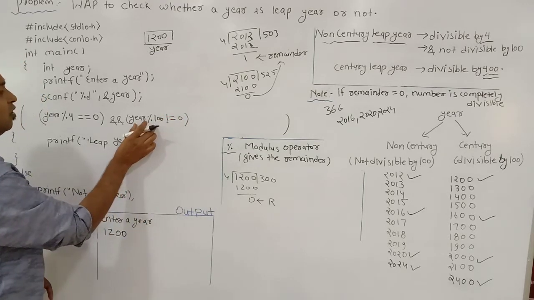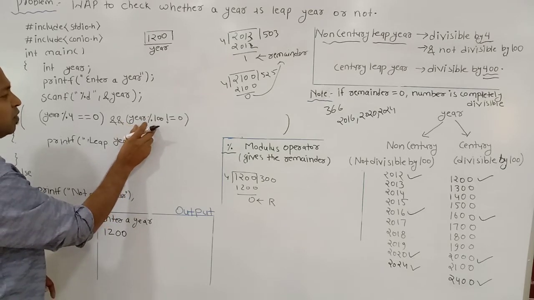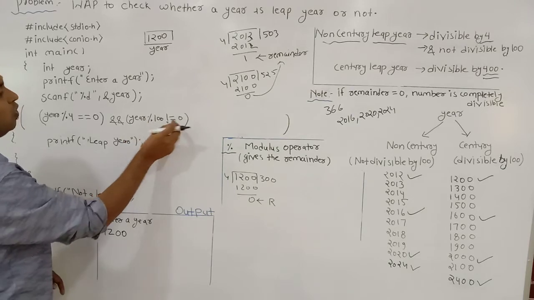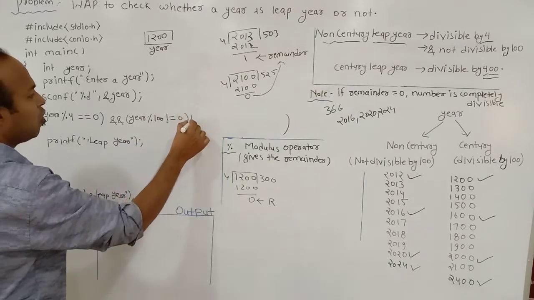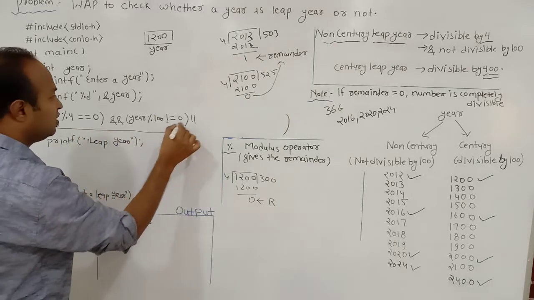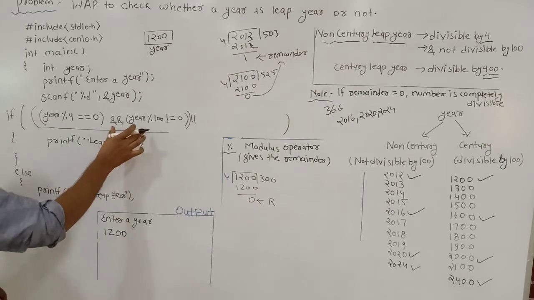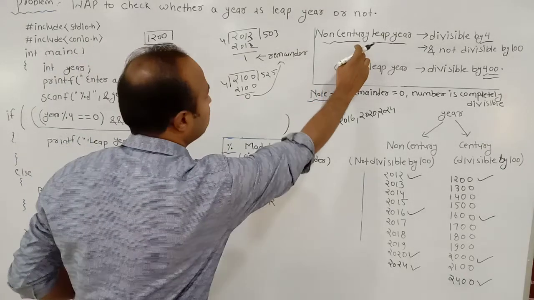What does this statement mean? We divide the year by 100 and it gives the remainder, and the remainder should not be equal to 0. This is the complete condition for a non-century leap year.